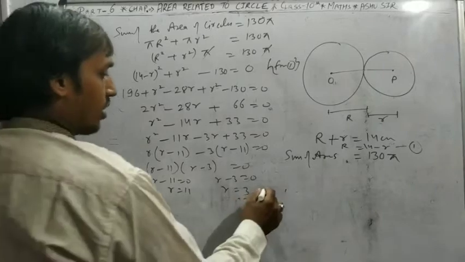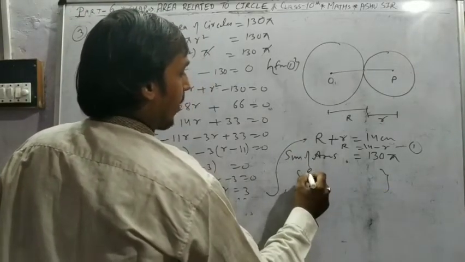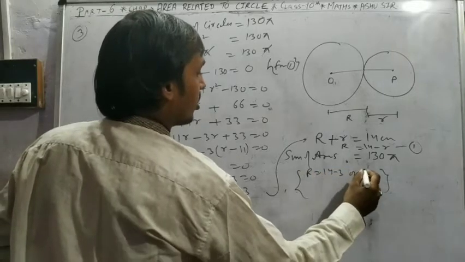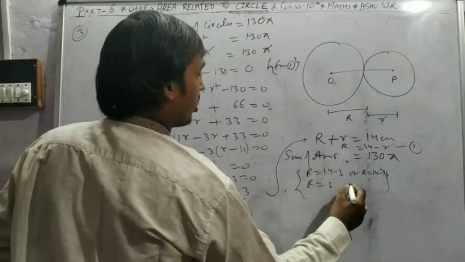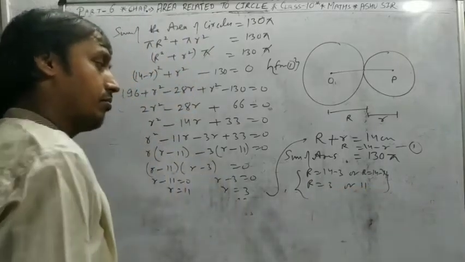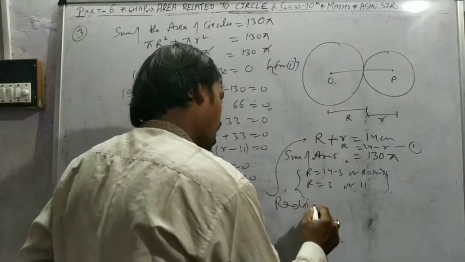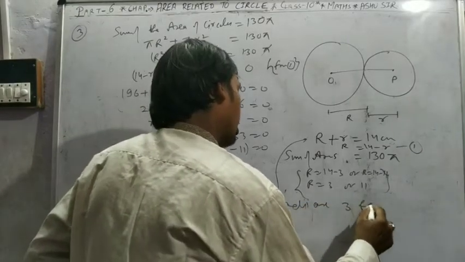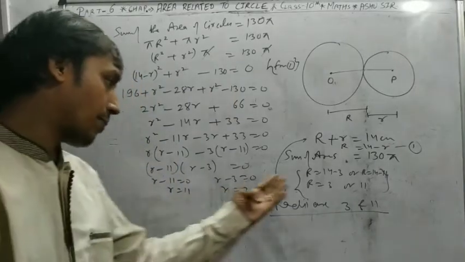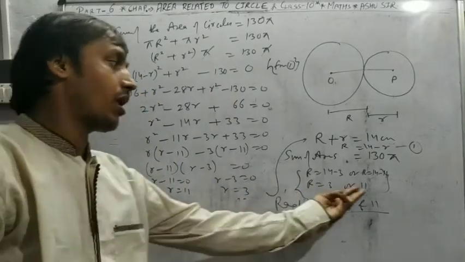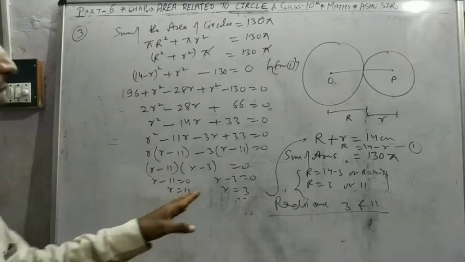When you put this value here, capital R is equal to 14 minus 3, 14 minus 11. So the radii are 3 and 11, because small r 11 gives capital R 3, small r 3 gives capital R 11. So the radii of these circles are 3 and 11.